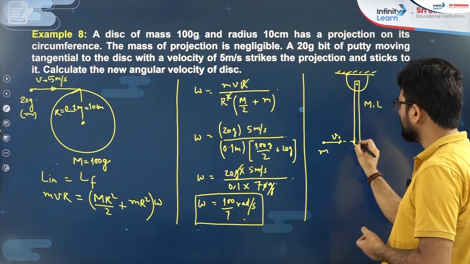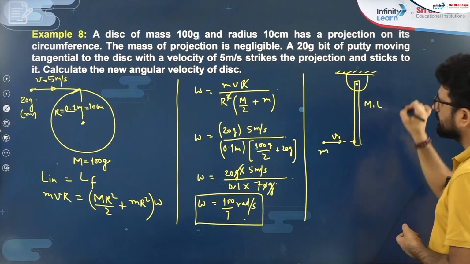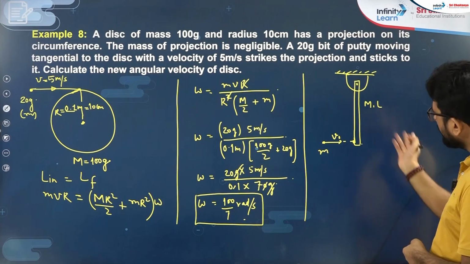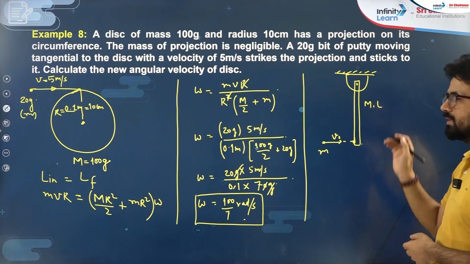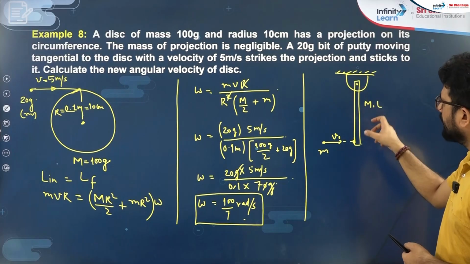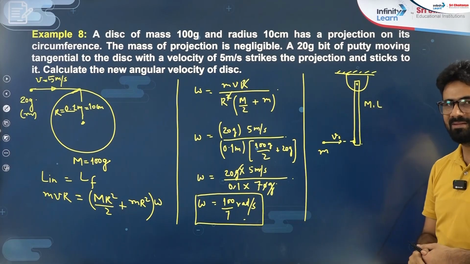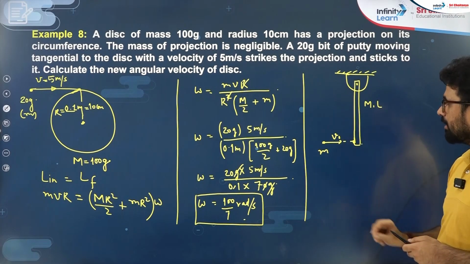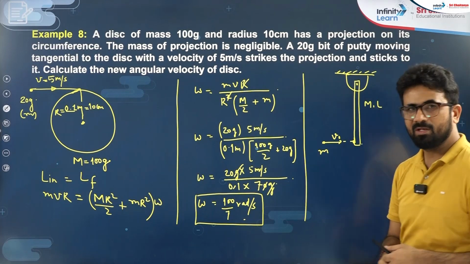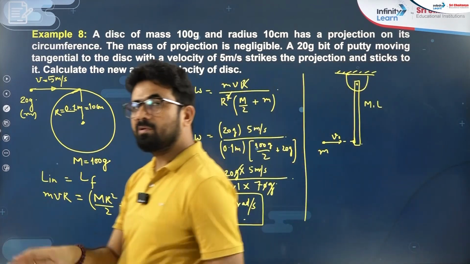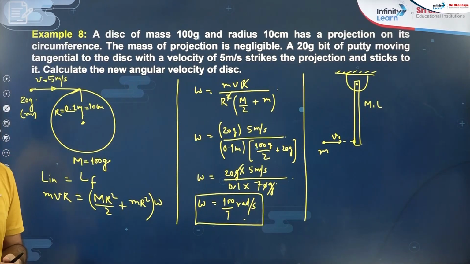Again it sticks to the rod, and after that it will start rotating. Again you have to calculate the final angular velocity. They will move together as a system. What is the angular velocity? That is another question for you.